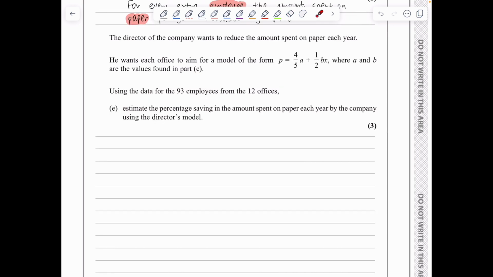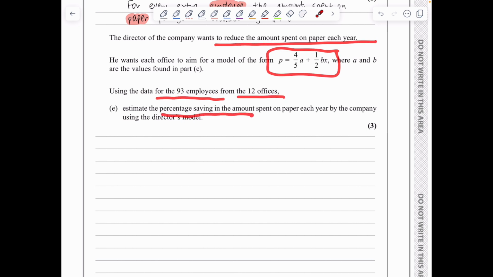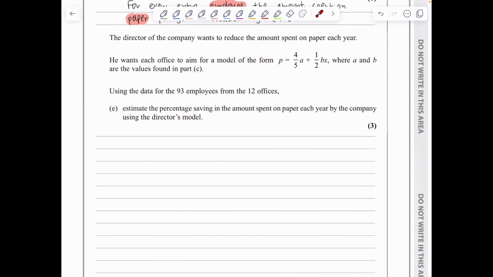The director of the company wishes to reduce the amount spent on paper each year, and therefore they produce this new model, and we need to use the data for the 93 employees from the 12 offices to estimate the percentage saving under this new model. Now to do this, I will start by calculating the actual amount spent per office.